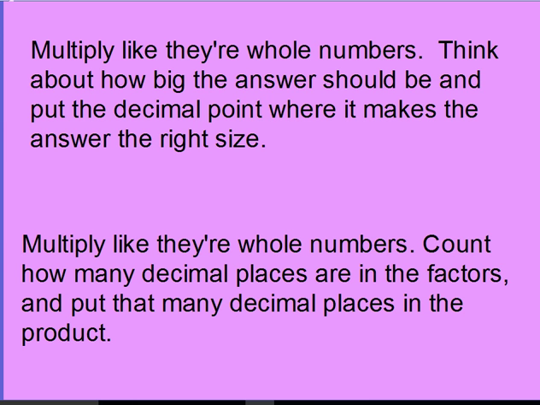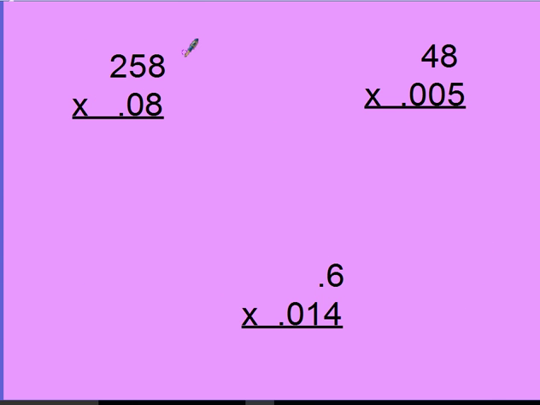Otherwise, here's another one. Multiply like they're whole numbers. Count how many decimal places are in the factors and put that many decimal places in the product. So here I'll show you an example of that as we're doing this one. I'm not even going to worry about the decimal right now. 8 times 8 is 64.